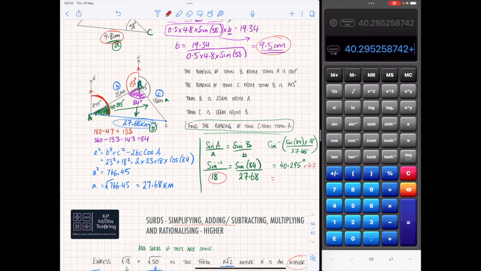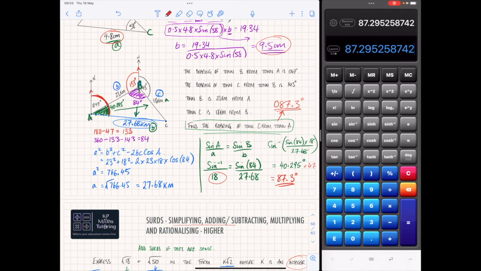So plus 47, and you get an answer of 87.3 degrees there. If you round that to one decimal place, because we want to make this a bearing, and bearings need to have 3 digits, we put a 0 in front of it, and it'd be 087.3 degrees, or if it said to the nearest degree, it'd just be 087.